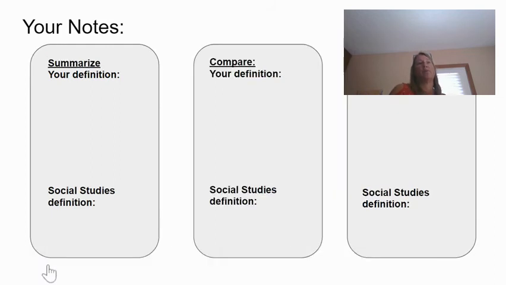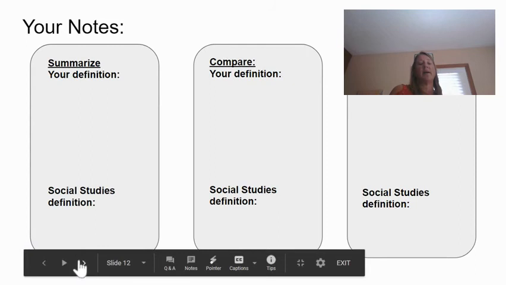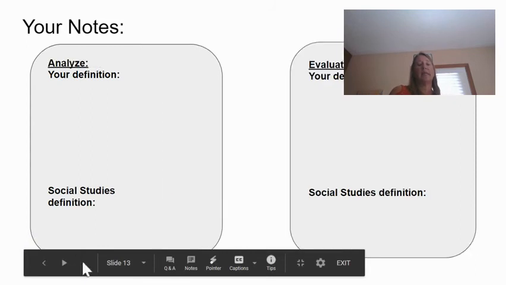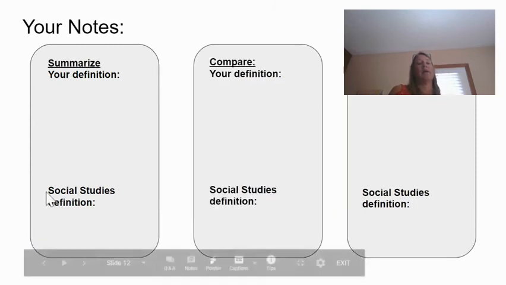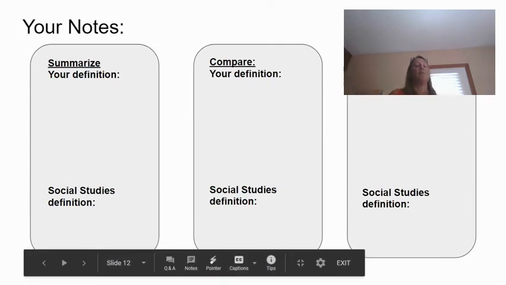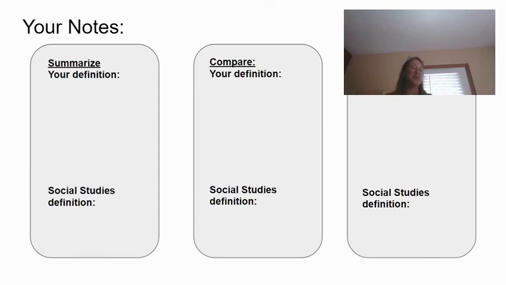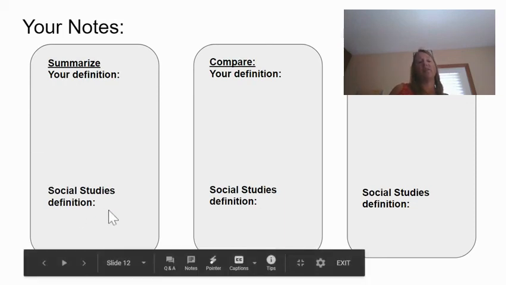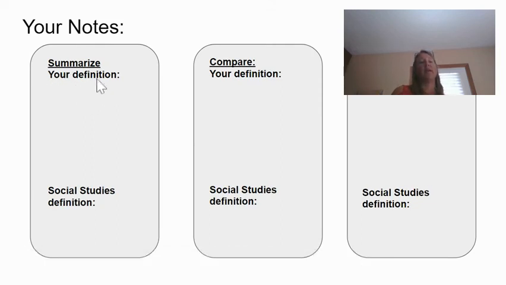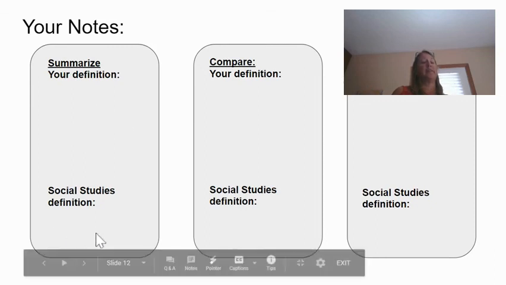And then you'll go to your do part of the module and you will see that I'm asking you to screenshot slides 12 and 13 and upload them for me to look at. So one way to evaluate if you did your work in a correct or effective way is after you type in the social studies definition, look back at your definition and make sure that your words are different than my words.